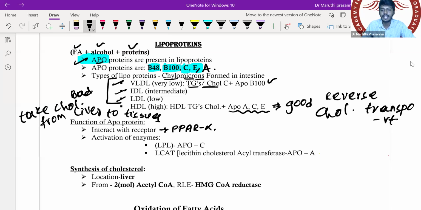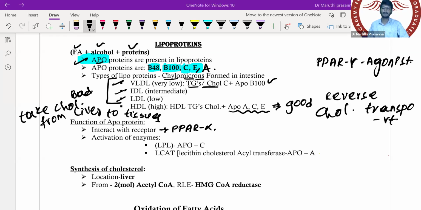PPAR alpha. Can anybody tell me which drug is a PPAR gamma agonist? Come on, tell me. Which drug is a PPAR gamma agonist? Which one? Very good, Manivel. The answer is pioglitazone.